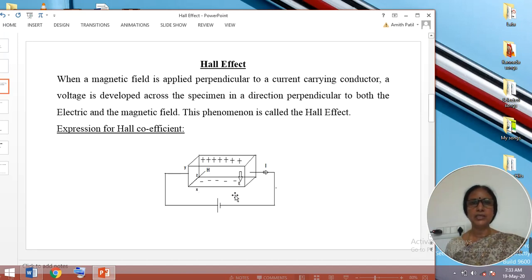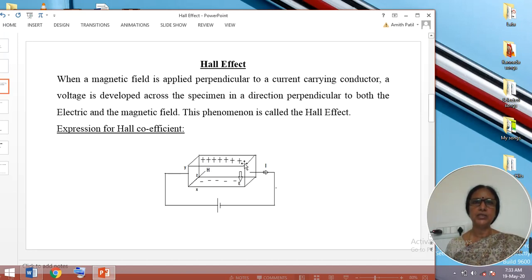When both the electric field and magnetic field are applied simultaneously on the specimen, the charge carriers experience a transverse deflecting force. Due to this, the charges start deflecting towards the lower surface of the specimen. Consequently, the positive charges start collecting at the upper surface.